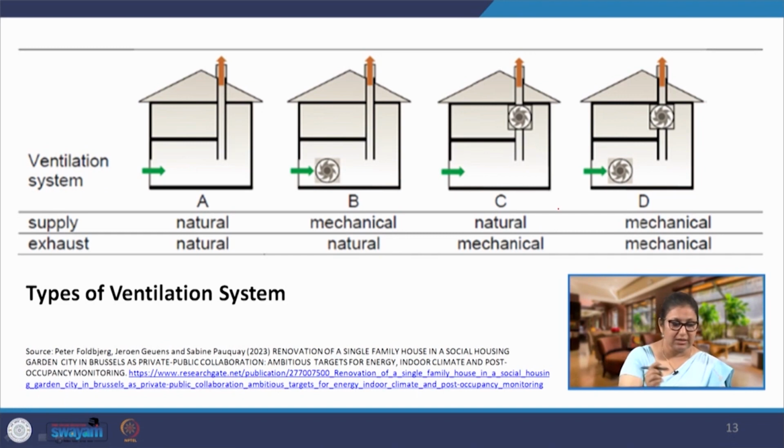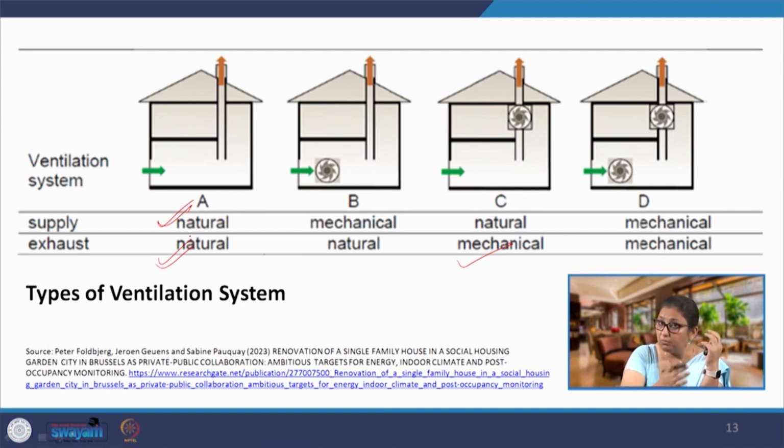Now, what is this? The supply is natural and the exhaust is mechanical. So, we are exhausting mechanically and drawing in naturally. We can also have a wind tower provided in such a manner that the natural wind, the wind which is there naturally, is drawing the air out, exhausting it.